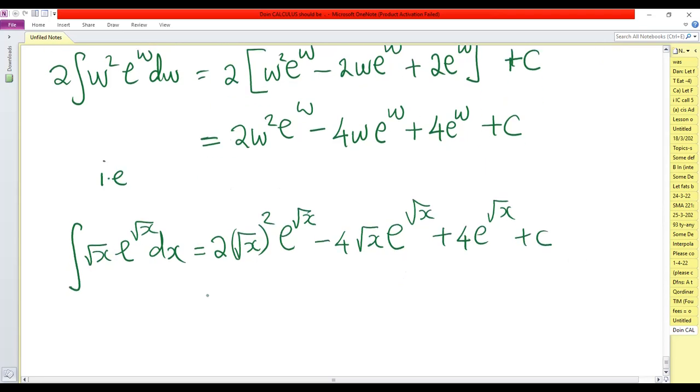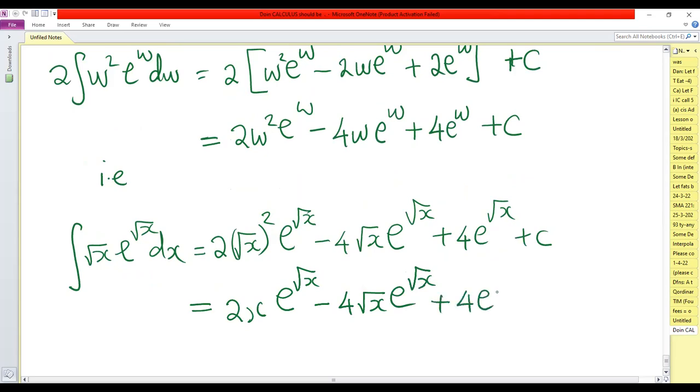So which can be written as twice x e raised power square root of x minus 4 square root of x e raised power square root of x, and then plus 4 e raised power square root of x, and then plus c. So therefore, this was the answer to the given problem. So it's simply an application of integration by parts, but then you have to do some transformation to be able to get the proper nature of the integrand.